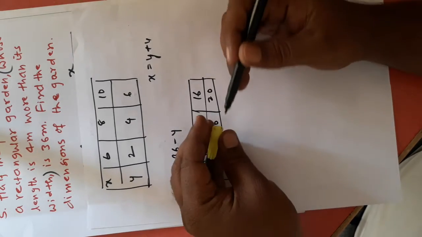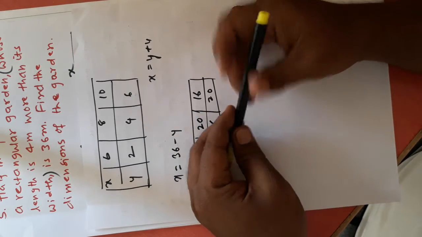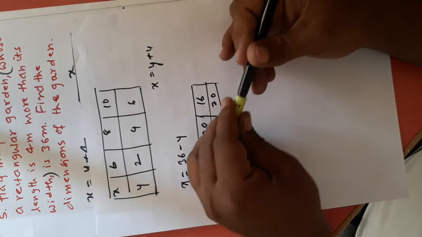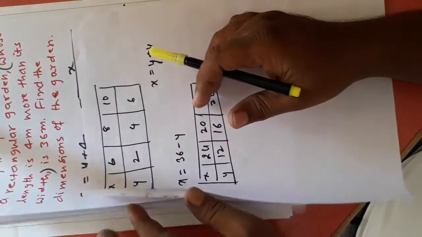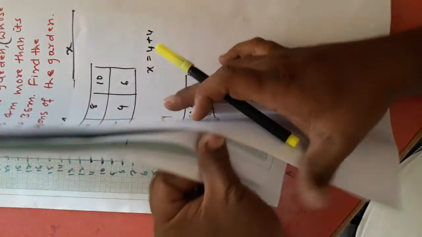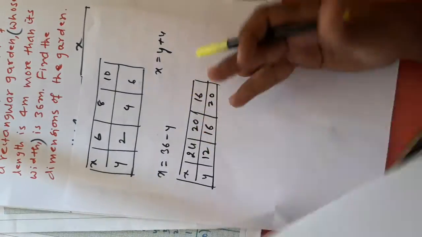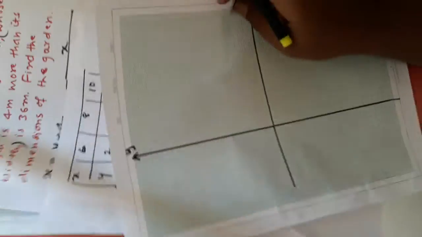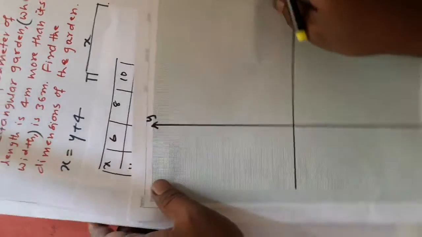By taking a smaller scale, 1 centimeter, like how will you take the scale now. This x and y are the dimensions of this garden here.